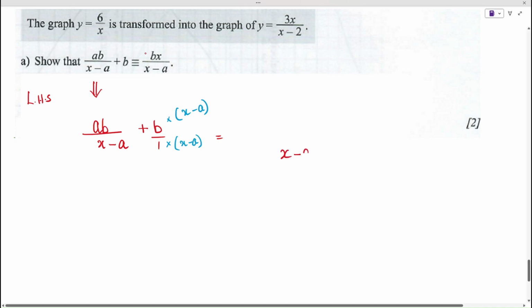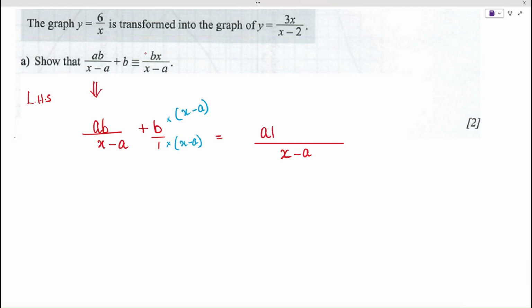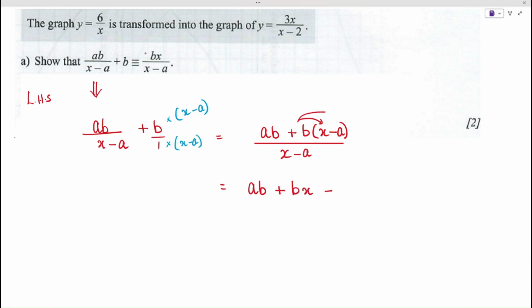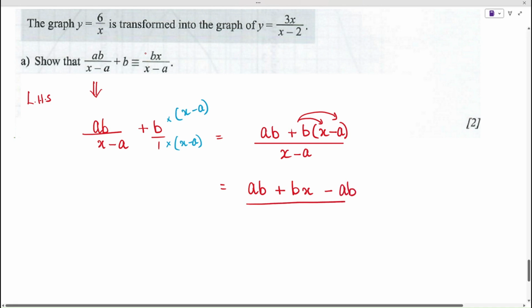So this leaves us with x minus a, and then over that is ab plus b times x minus a. When we expand this, we get ab plus b times x, which is bx, minus b times a, ab, all over x minus a.